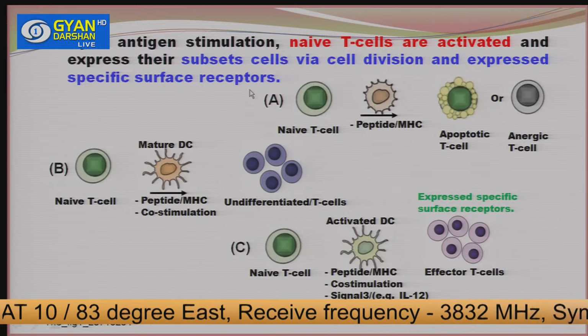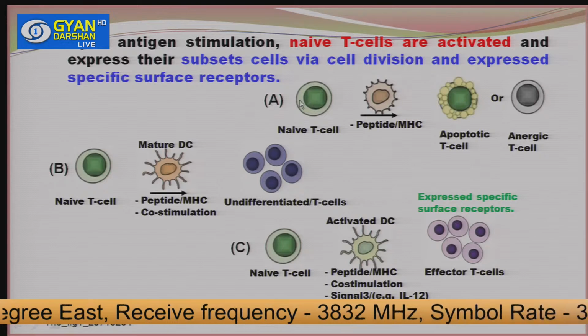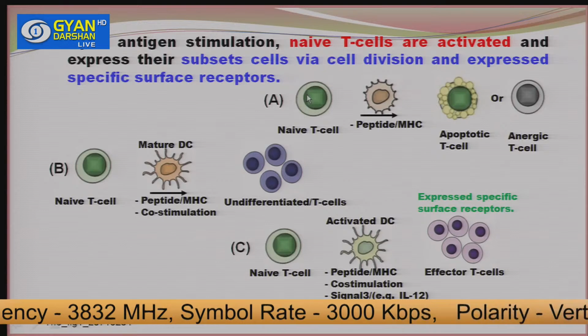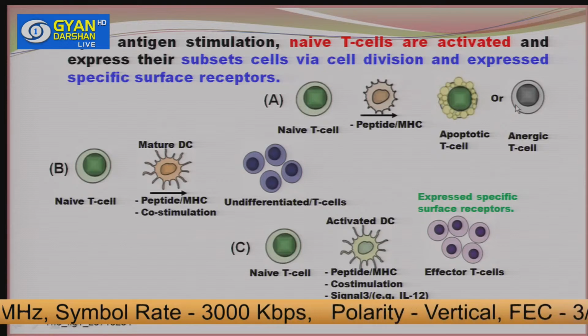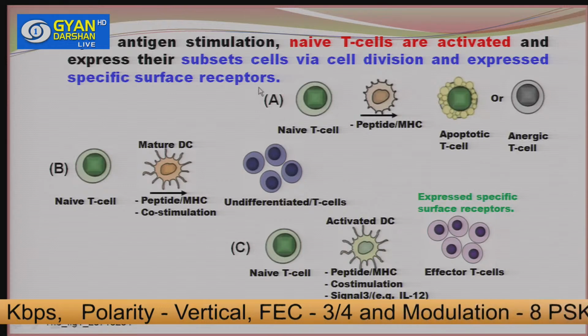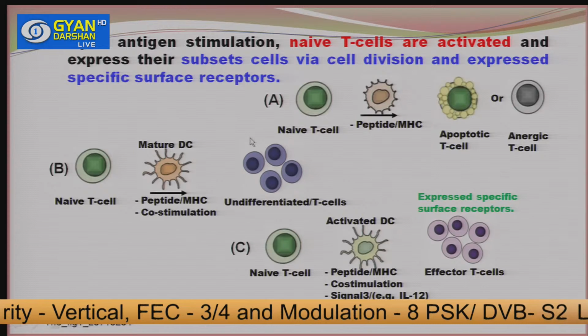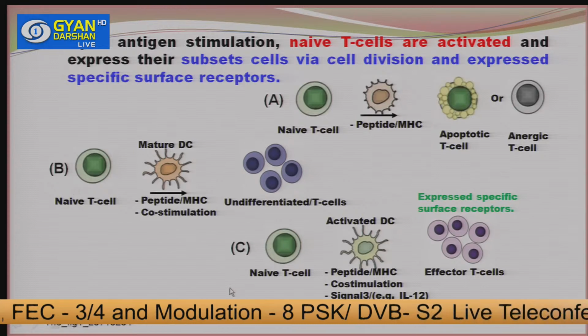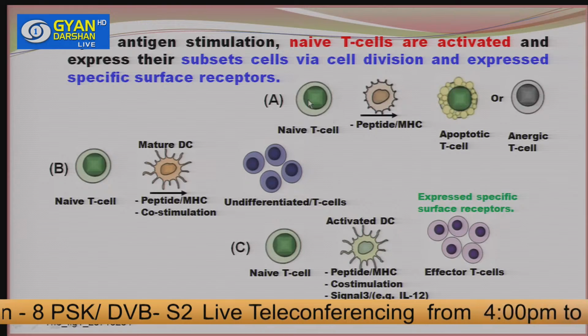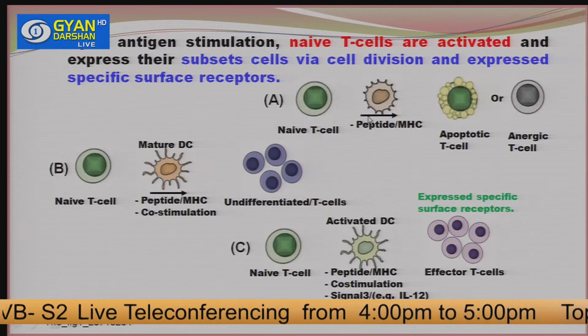You can understand there are three processes for the naive T cells, which will change into effector cells. Here is the first type of process, the second type of process, and the third type of process. It is a naive T cell.